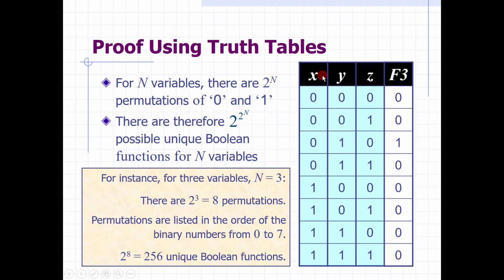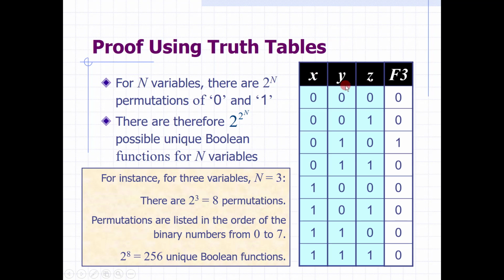Now, there's an infinite number of expressions I can write down, but many of them will be equal to one another. Like our last example, we had 2 expressions, but they output the same truth table. So on 3 variables, there are 256 unique ones, even though I can write down an infinite number of expressions involving x, y, and z.